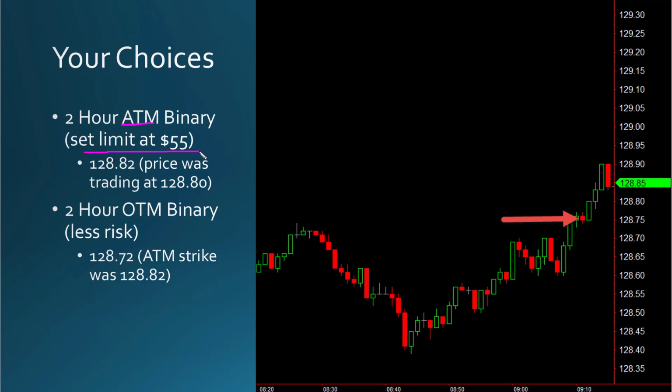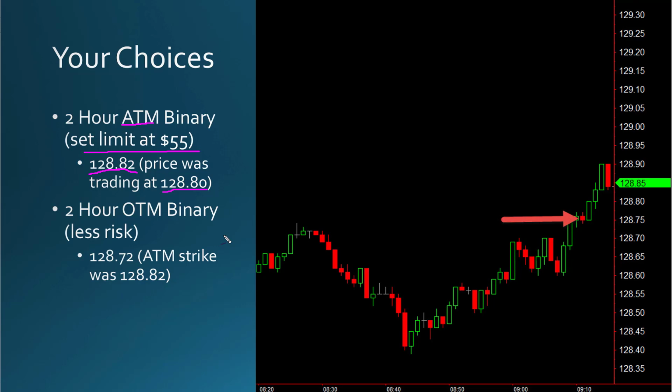Remember, the signal said sell, so you set the limit order at 55. Price was trading at 128.80, but the strike price that was closest was 128.82. You could also do a 2-hour out of the money binary.